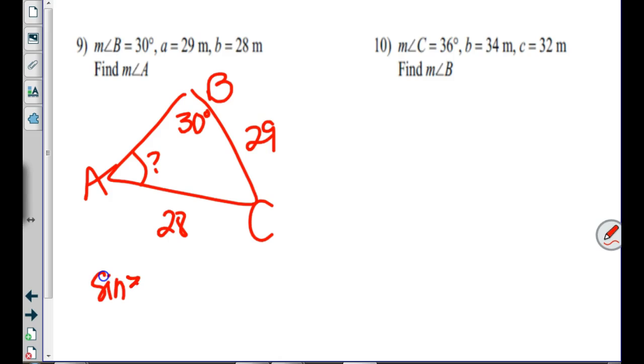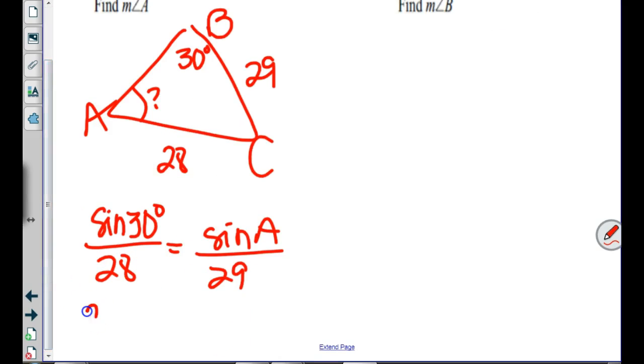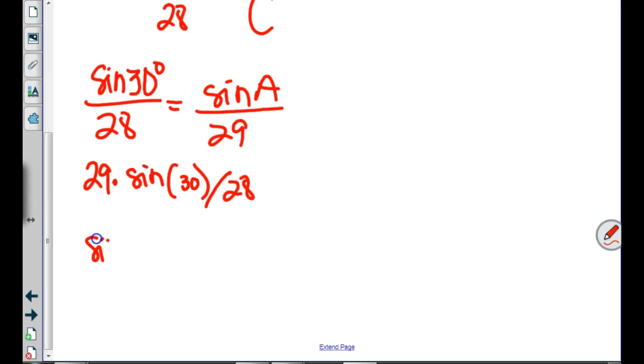If we set it up, the sine of 30 degrees is across from 28 in the way that the sine of A is across from 29. So if I type 29 times the sine of 30, close parenthesis, divided by 28, and then I do inverse sine of that answer, it is 0.5178.